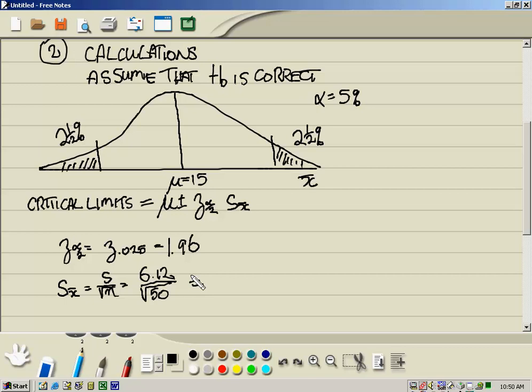So enter 50 into the calculator, take the square root. I'm going to invert it, so we have 1 over the square root of 50. And then I'm going to multiply by 6.12. And the number on the screen of my calculator is 0.86549887, and clearly that number is too long.